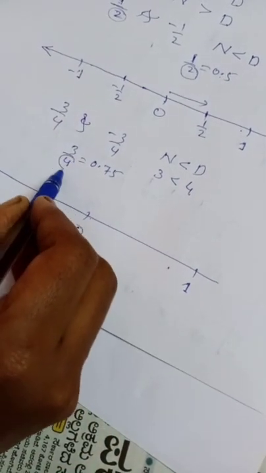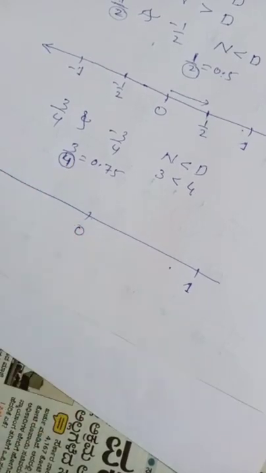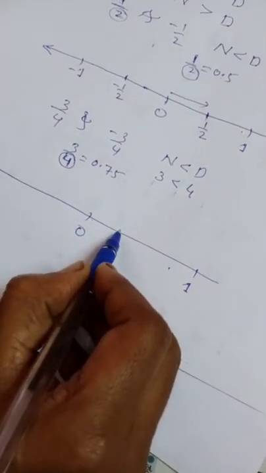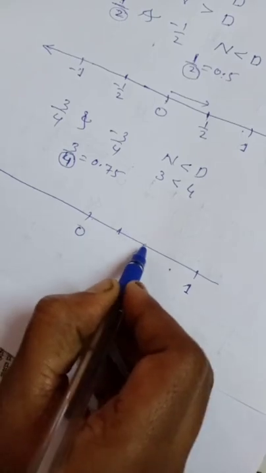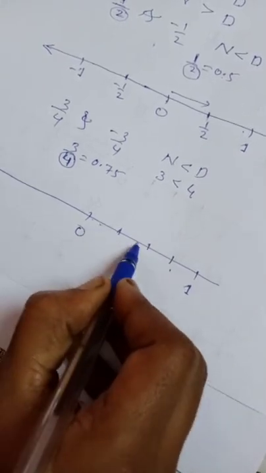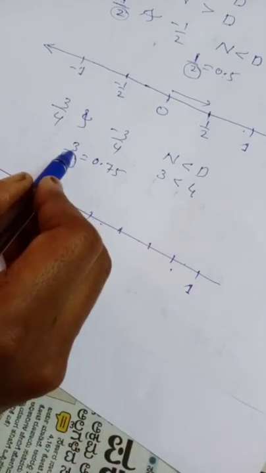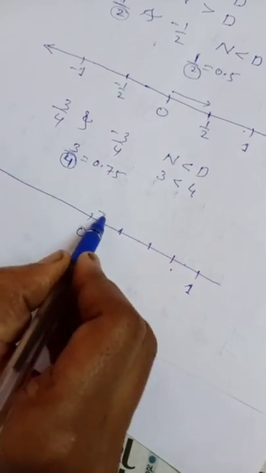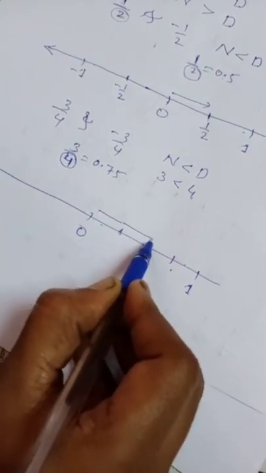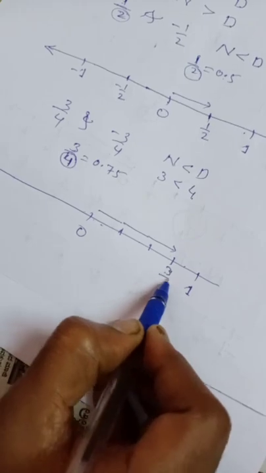See the denominator: we have to make 4 equal parts. Starting from 0, 1, 2, 3, 4 equal parts. The numerator is 3, so starting from 0 that is 1, then 2, then 3. So this is 3 by 4.